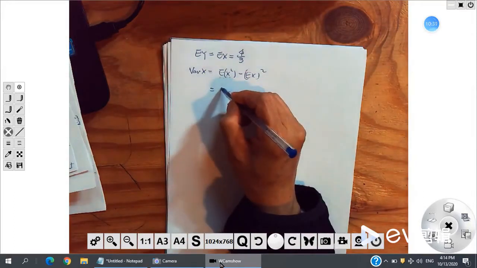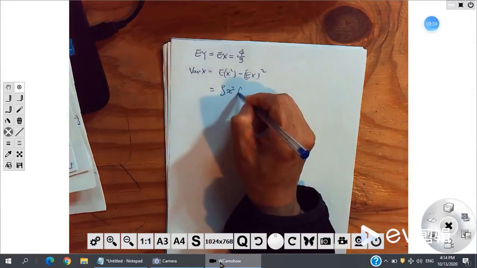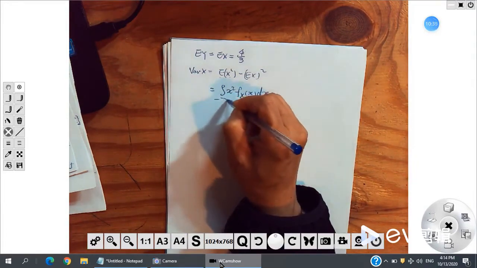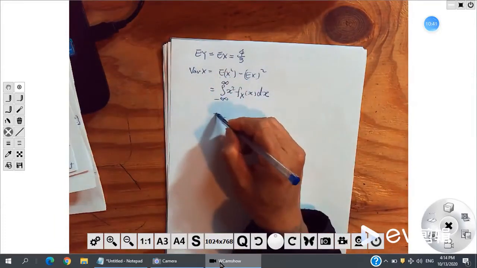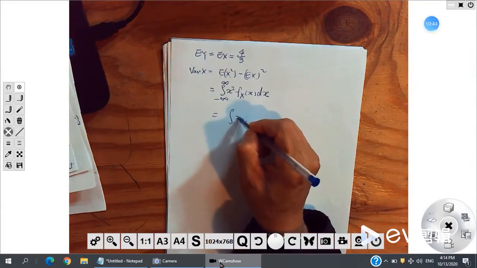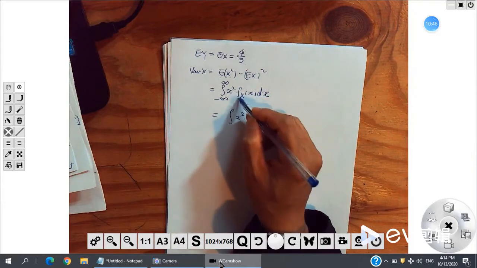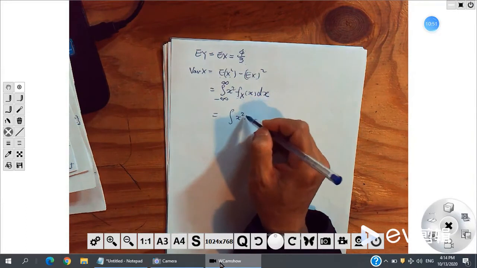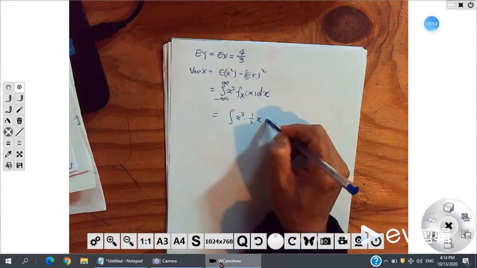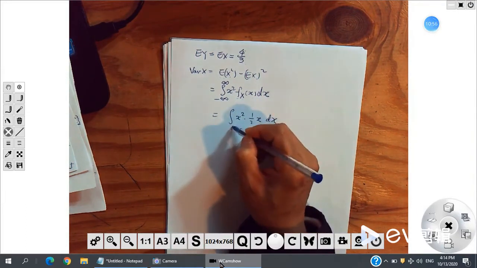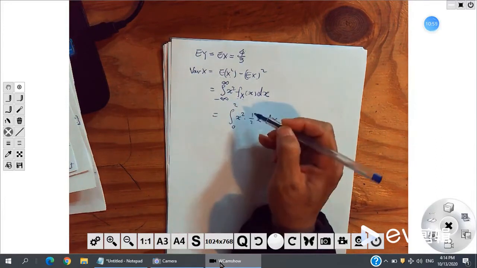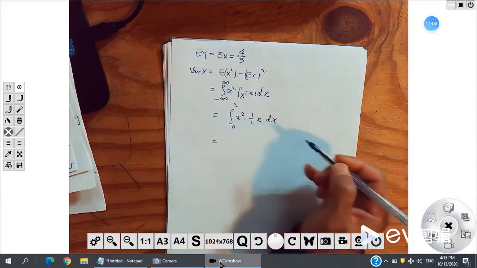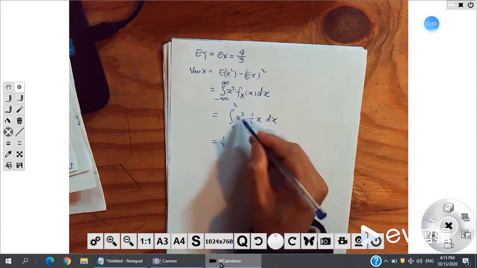That will be the integral of x squared times the density function of x, dx, from negative to positive infinity. And this is the integral of x squared times f_X of x. We just have 1/2 x, right? dx. And x needs to run from 0 to 2. We don't need all the others. So this gives us 1/2 times x cubed.